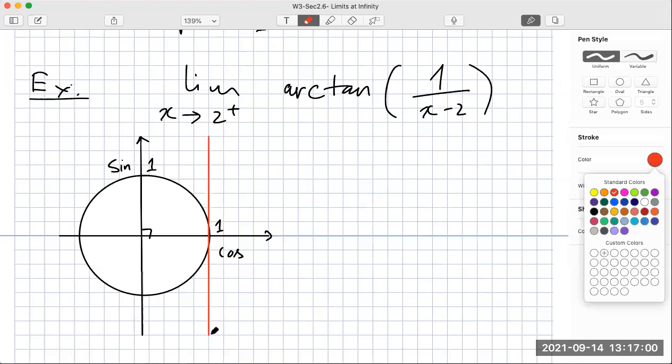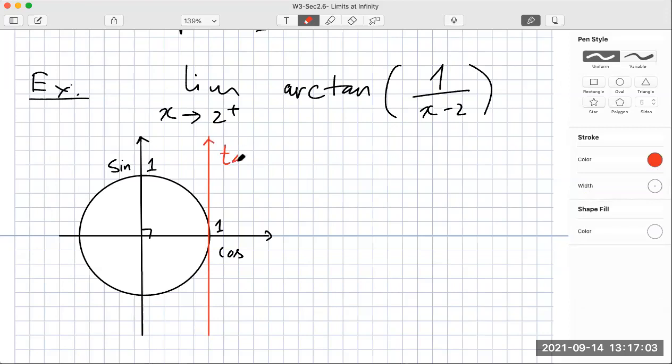Yeah, on the right here, right? This is the tangent axis. So for any given angle alpha on this unit circle, we connect the line from the origin to that point on the circle. Wherever it cuts here is the value of tangent.